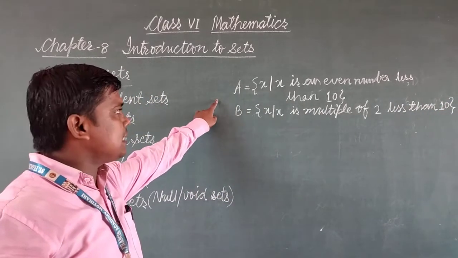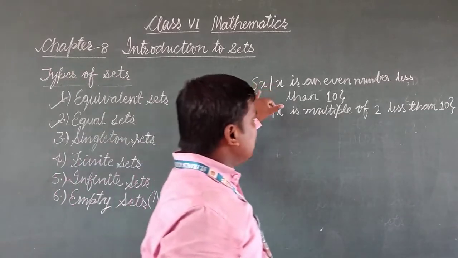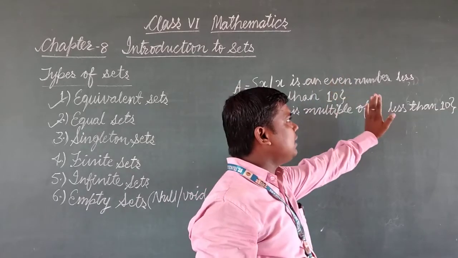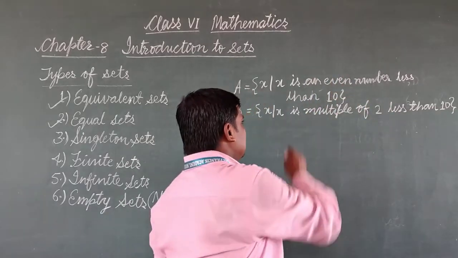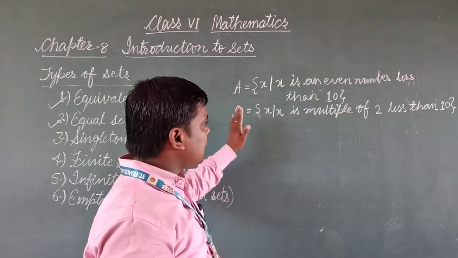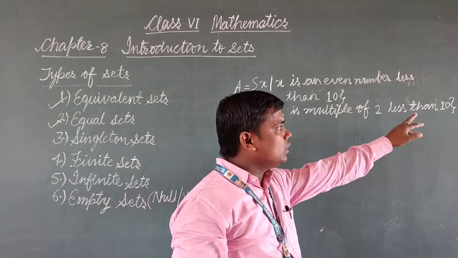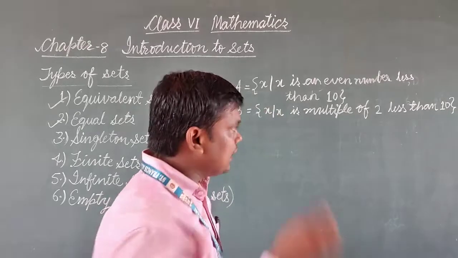So we have set A written in set builder form: x such that x is an even number less than 10, and set B is x such that x is a multiple of 2 less than 10.